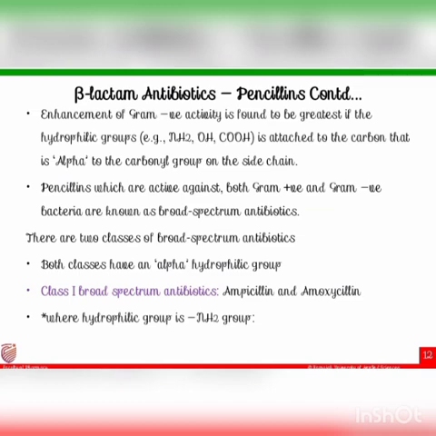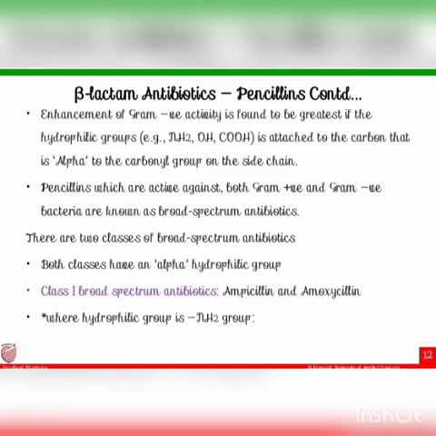Now, enhancement of gram-negative activity is found to be greatest if hydrophilic groups, for example NH2, OH, COOH, are attached to the carbon alpha to the carbonyl group on the side chain. Penicillins which are active against both gram-positive and gram-negative bacteria are known as broad-spectrum antibiotics.